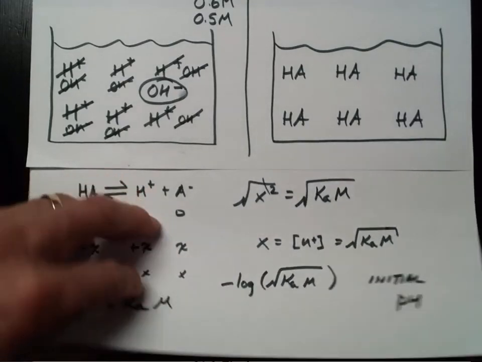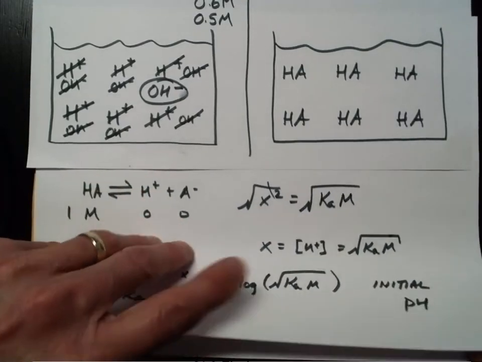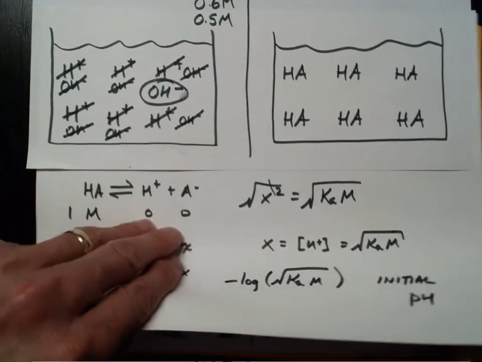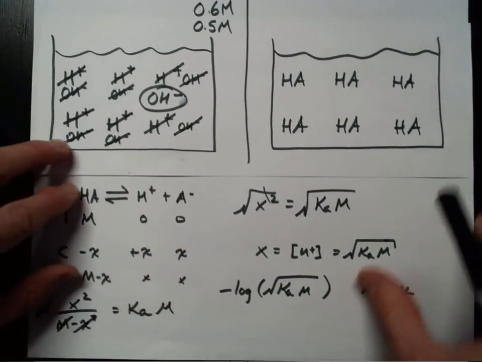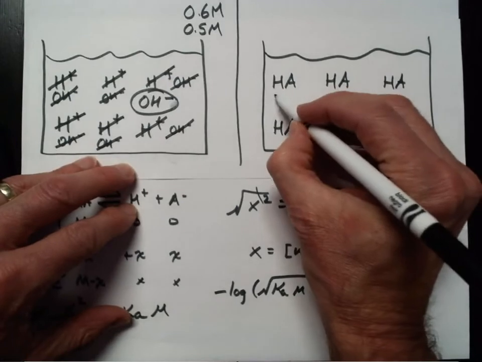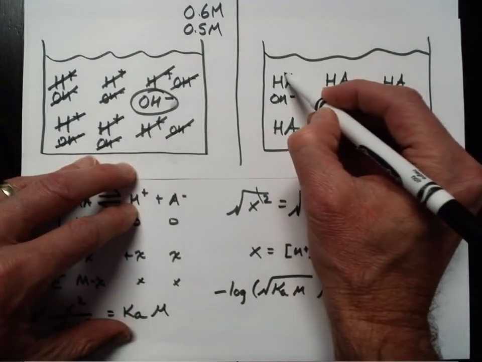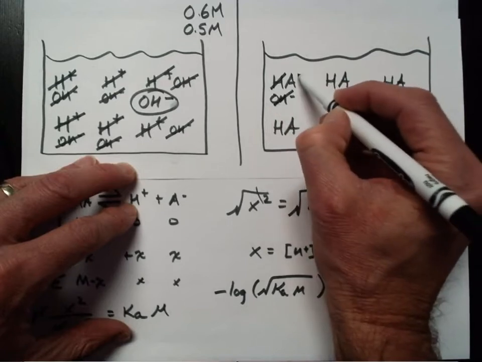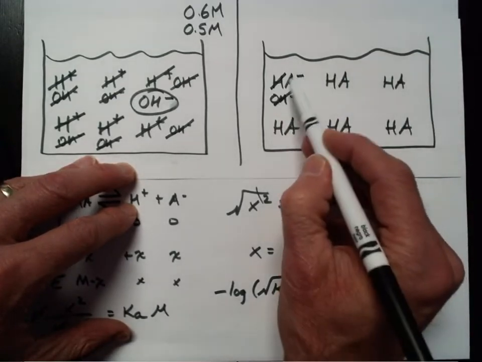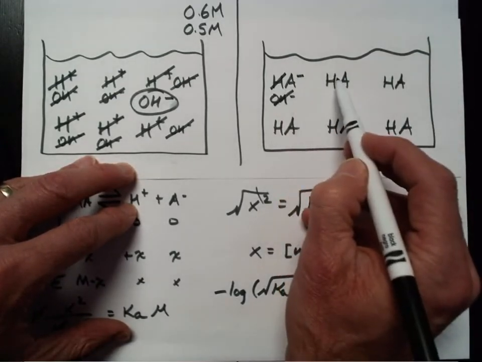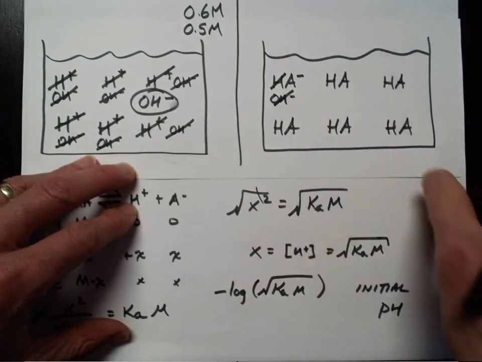All right, now the problem is what happens when we start to add hydroxide to this system? Well, let's see. If I add a hydroxide to this system, I'm going to form water, and look what happened. I've got some conjugate base that's present. So as soon as I start adding hydroxide, this system's going to end up changing a little bit.